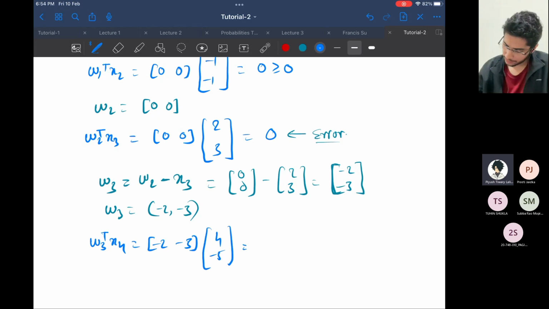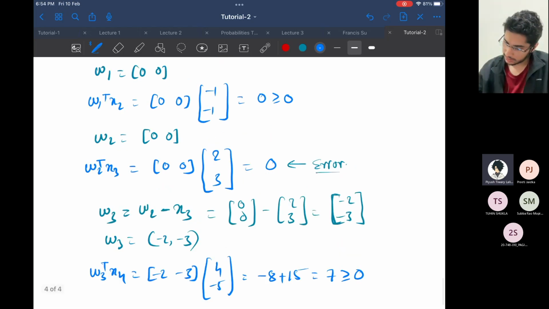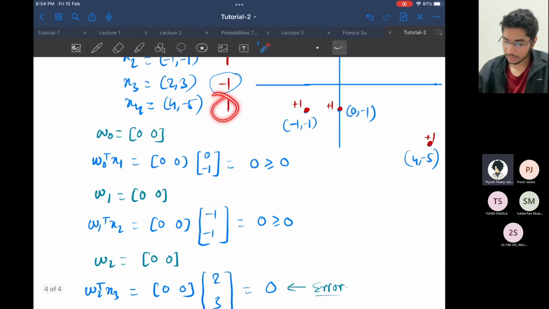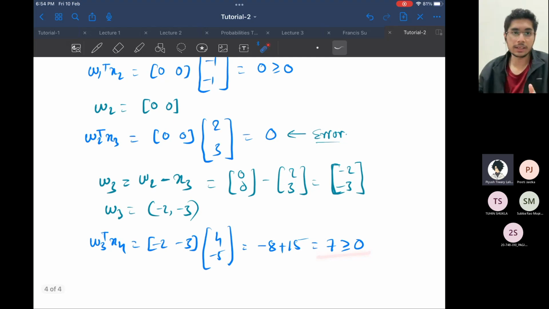So what will this become? This is 4 minus 8 plus 15, which is 7, which is greater than or equal to 0. Since the label here is plus 1, this is the condition that needs to be satisfied, and it is being satisfied. So you don't have any issues.